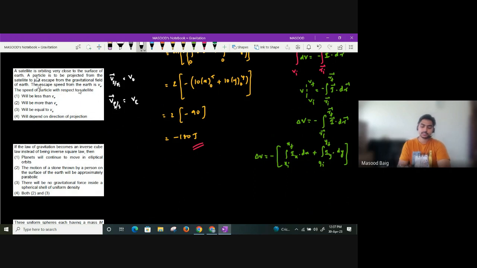A satellite is orbiting very close to the surface of Earth. A particle is to be projected from the satellite to just escape from the field of the Earth. So what is this speed of the particle with respect to satellite? This should be escape speed with respect to satellite, guys.